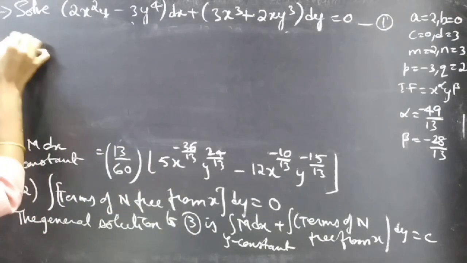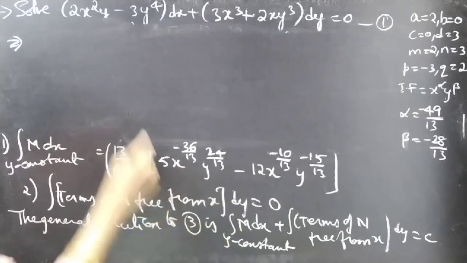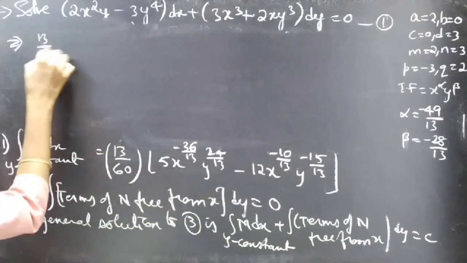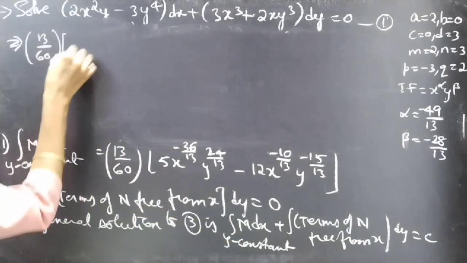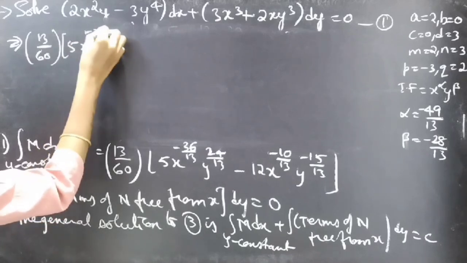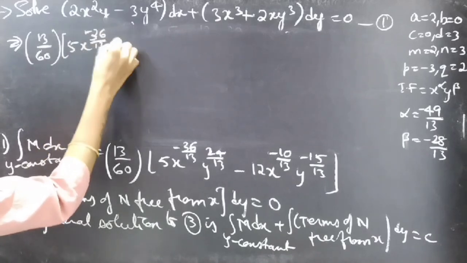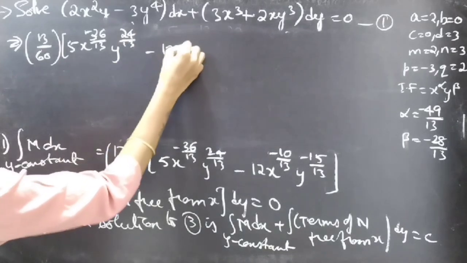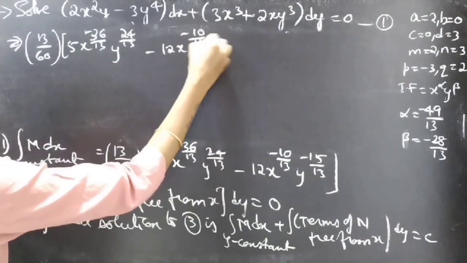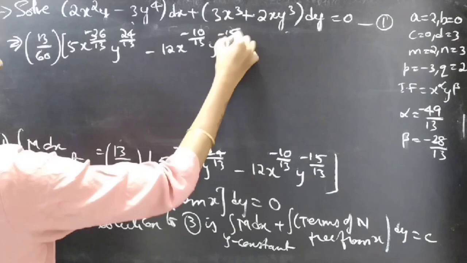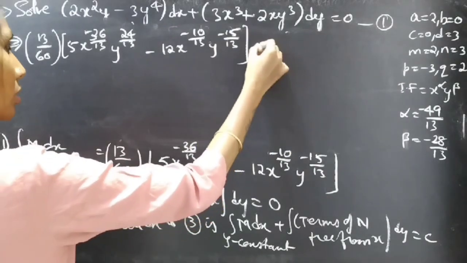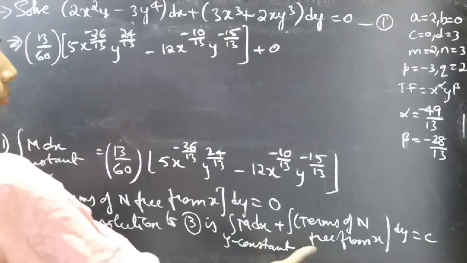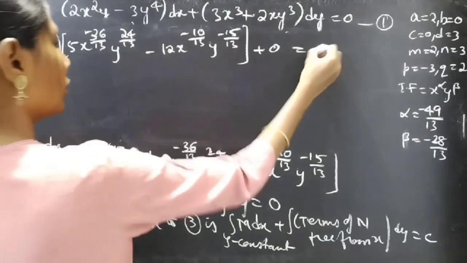From this we'll get the result obtained from the first integral, 13 by 60 into 5 x power minus 36 by 13 y power 24 by 13 minus 12 x power minus 10 by 13 y power minus 15 by 13, plus 0, the result obtained from the second integral, equal to c.